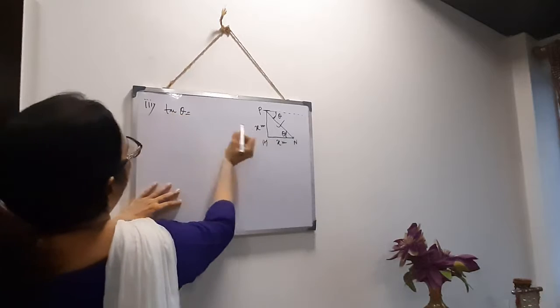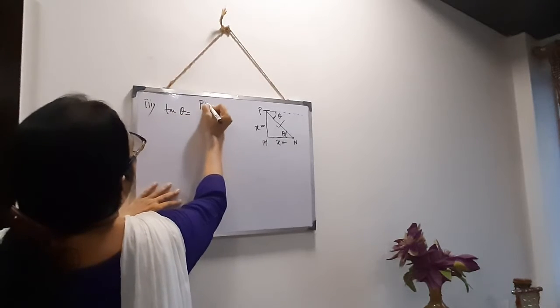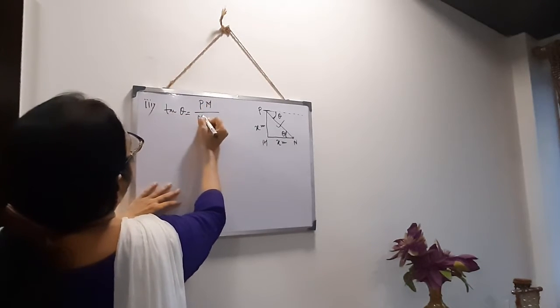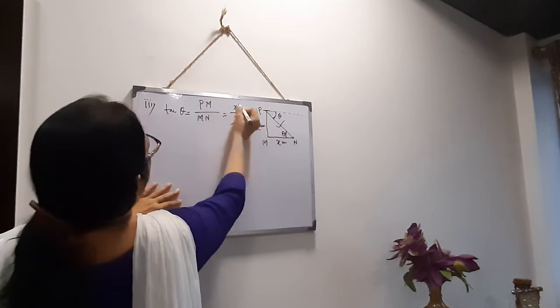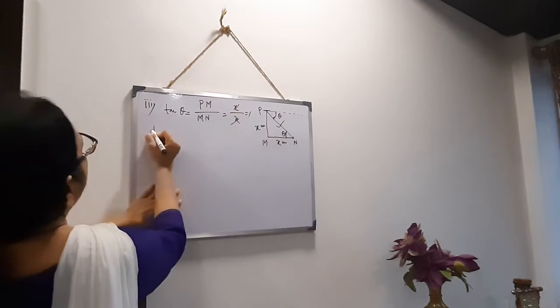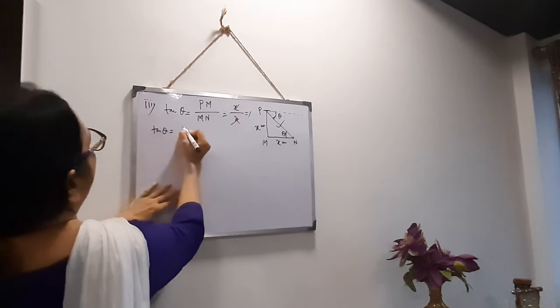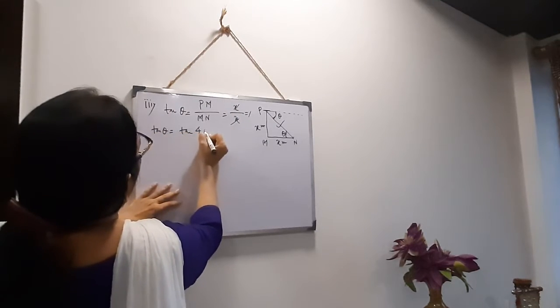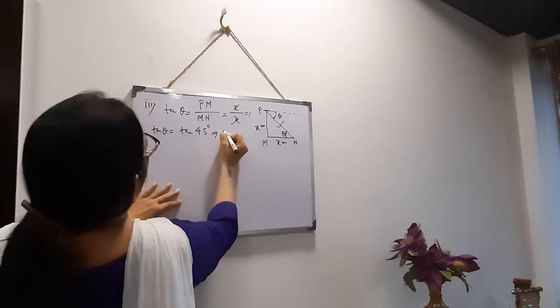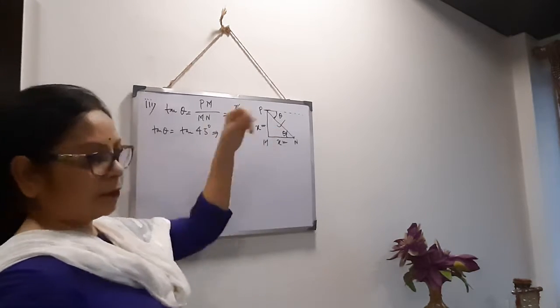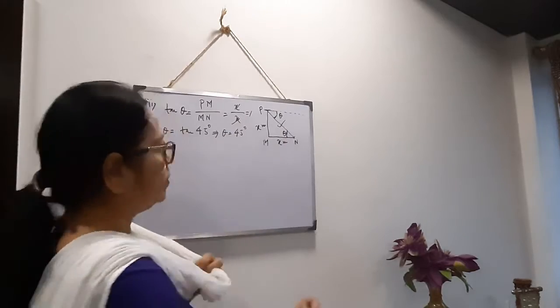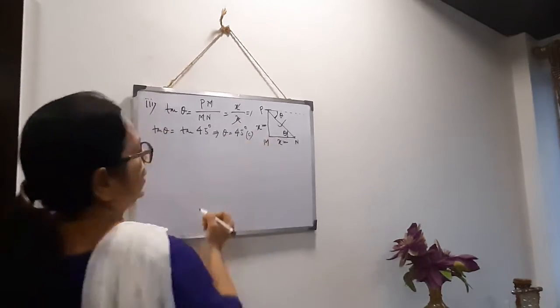Tan theta equals perpendicular by base. Here both are x, cancel, 1 is coming. That means tan theta is 1, you know tan 45 is 1. So theta is 45 degrees. Angle of depression is coming 45 degrees. That is your option C.